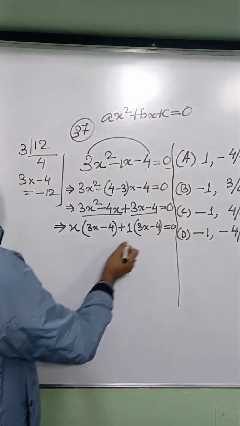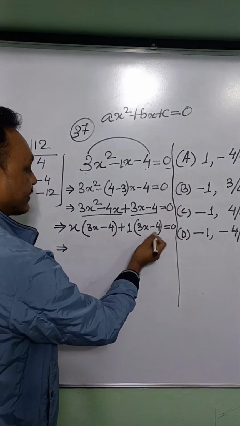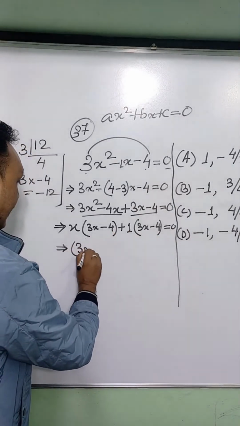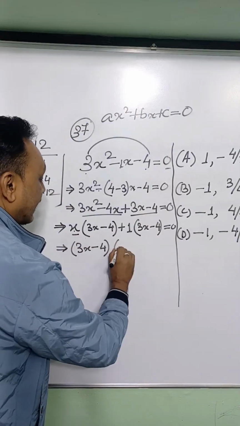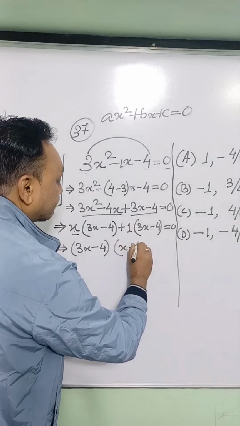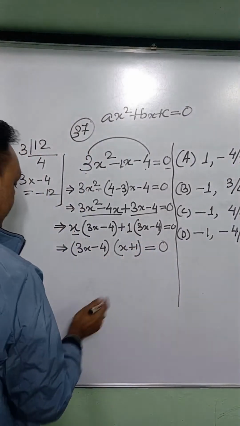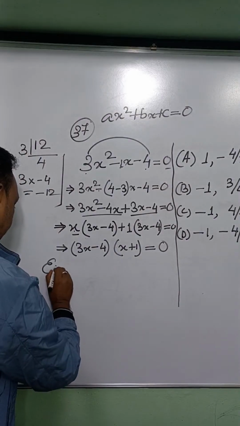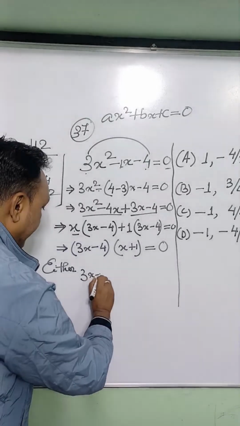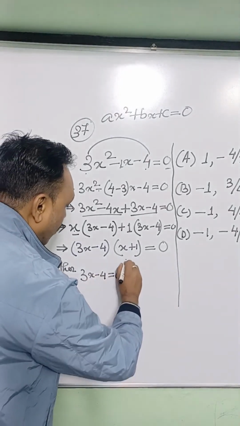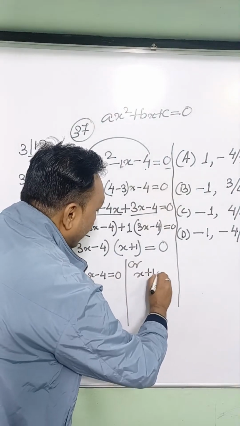Now from here again you have to take common. What is common? 3x minus 4 is common in both, so take 3x minus 4 common. What is left here? x plus 1. Now either 3x minus 4 equals 0, or x plus 1 equals 0.